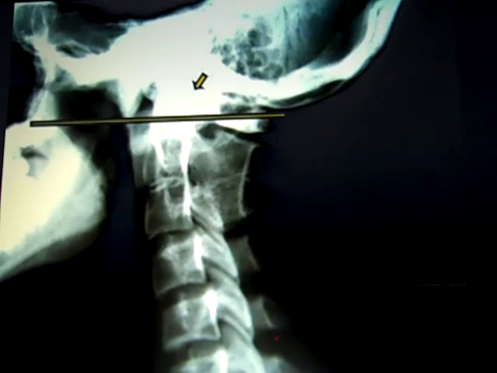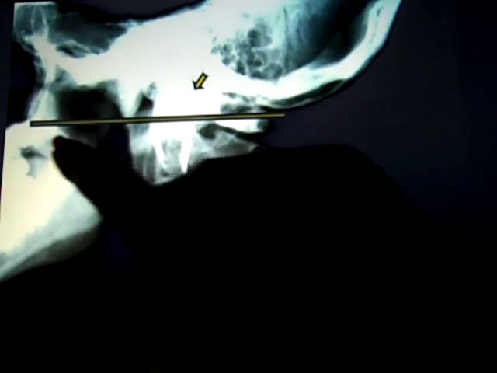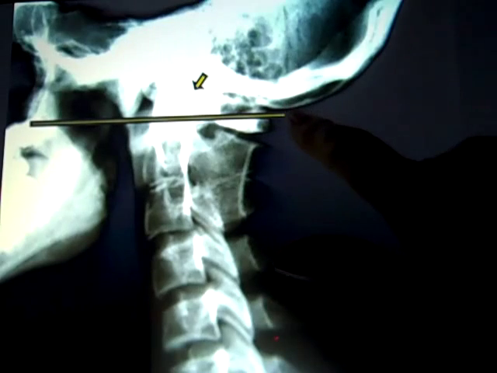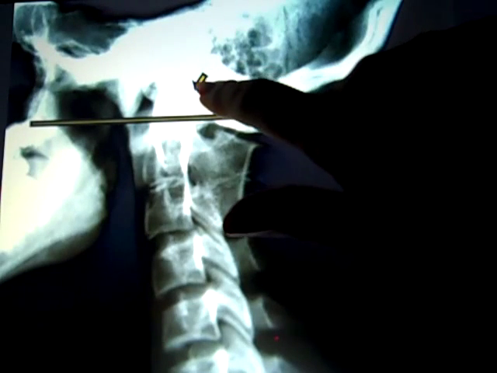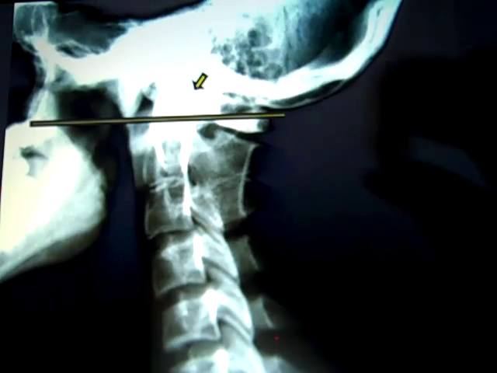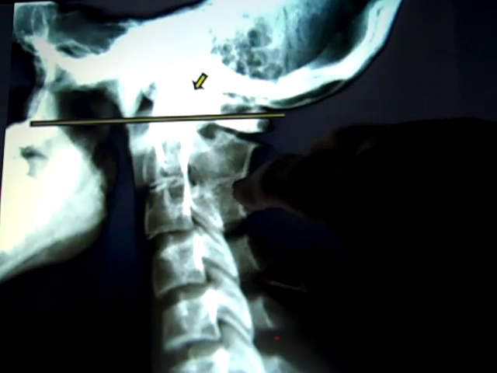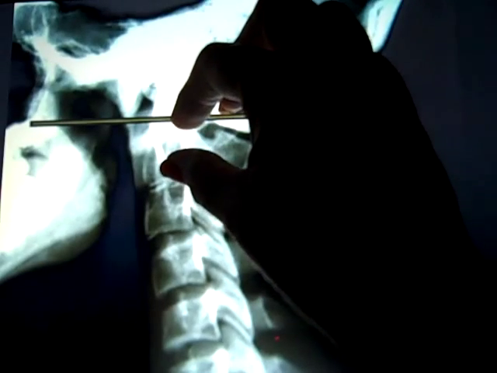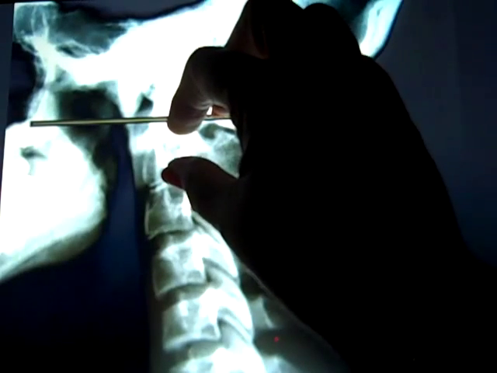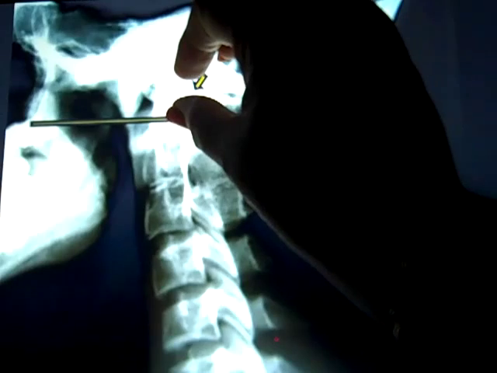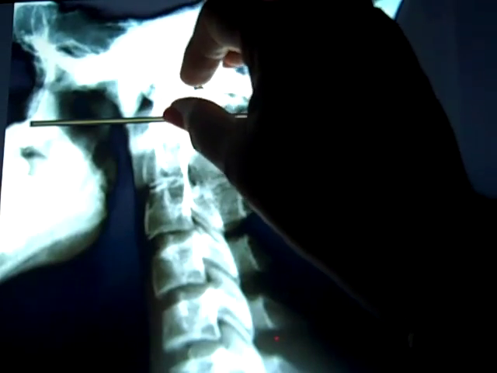If we look at this film, McGregor's line has been drawn across this film, and the point of this arrow is pointing to the top of the odontoid process. Now on this particular film it's too white, but remember that the height of the dens is almost about the height of the vertebral body, so if I look at that, I would be up in this area.